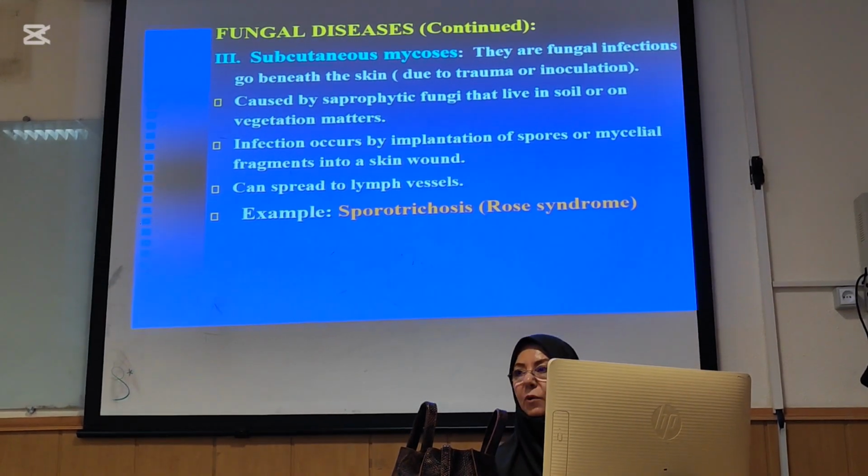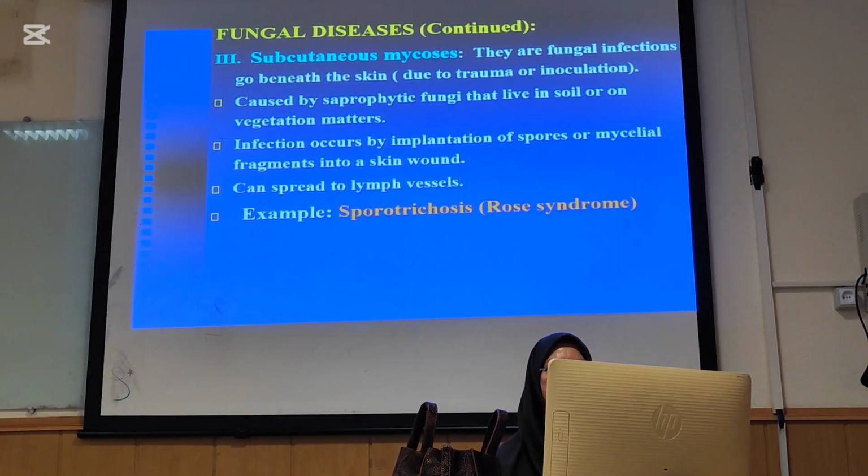For example, sporotrichosis, which has another name, Rose syndrome, is usually seen among farmers or gardeners who work and come into contact with rose plants.